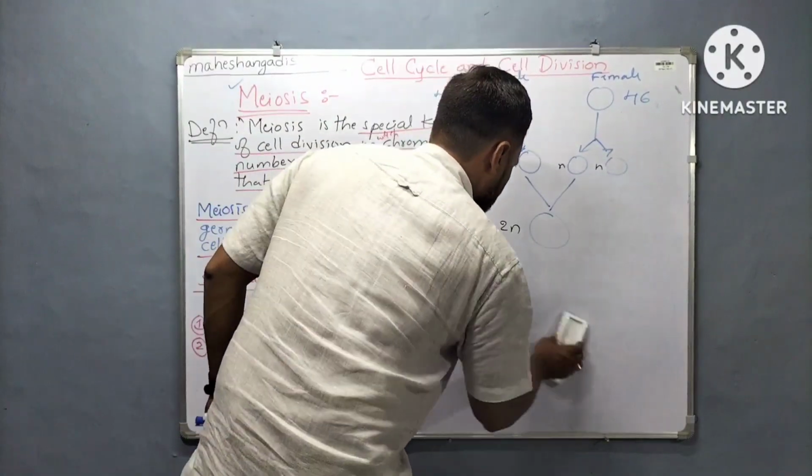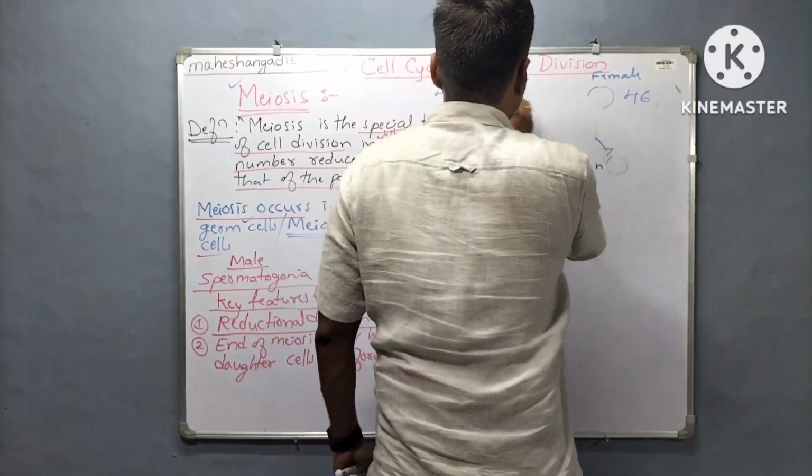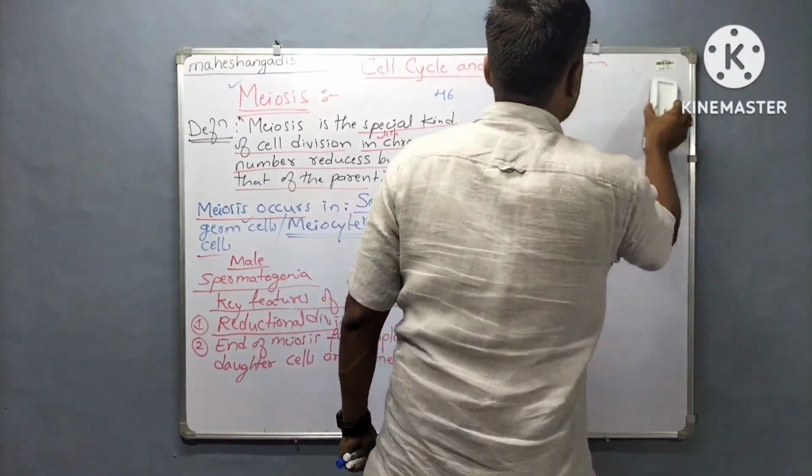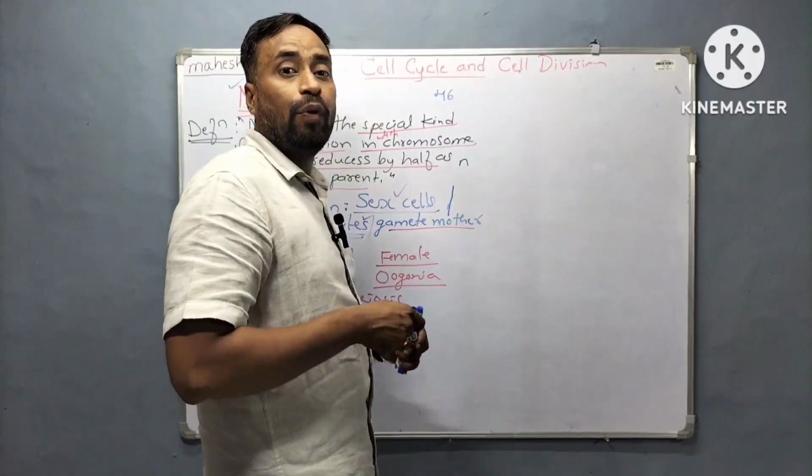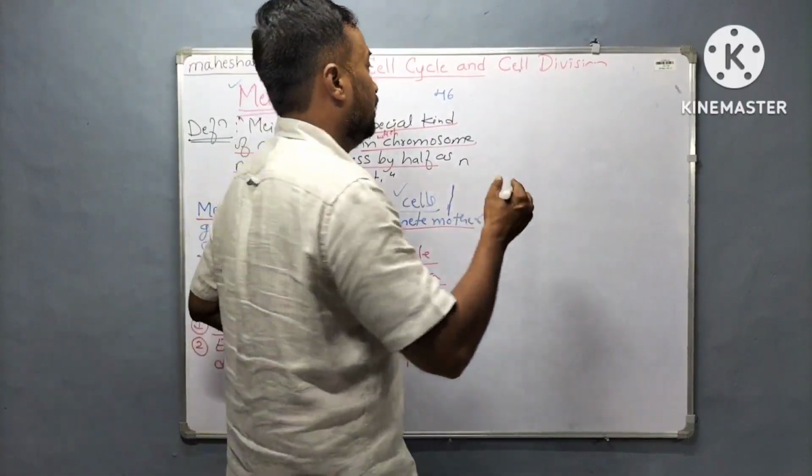One more thing regarding meiosis. Meiosis ensures the haploid phase of the life cycle, whereas fertilization restores the diploid phase of the life cycle. This point is important.